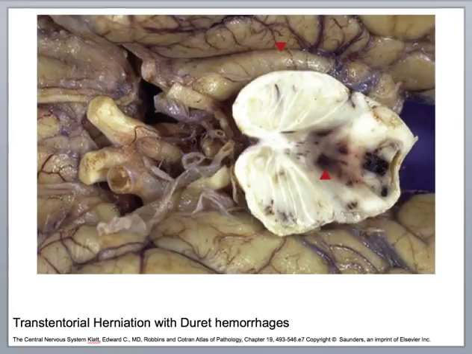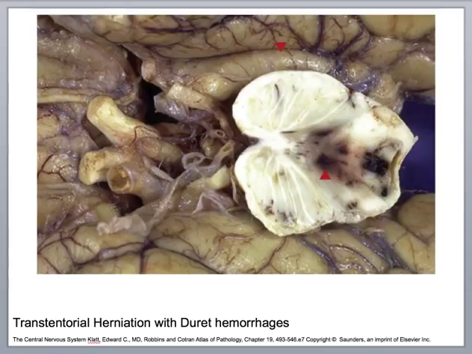Medial temporal lobe or uncinate herniation can cause bleeding into the pons, which is known as Duret hemorrhages, or if you prefer the French, Duret hemorrhages. When the herniated tissue pushes the brainstem further down into the posterior fossa, it stretches the perforating vessels into the pons and midbrain, and then you get this secondary brainstem bleeding.